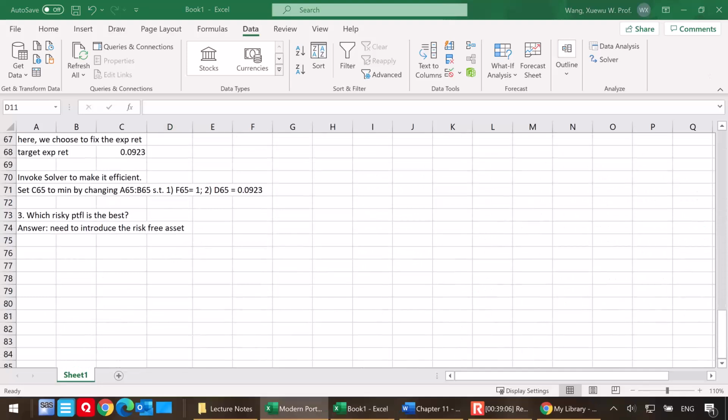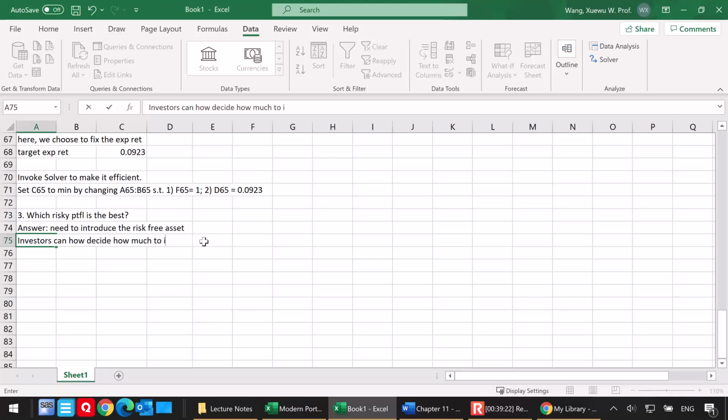Now let's look at the investor's portfolio selection problem. Investors can now decide how much to put in the risk-free asset, let me call it F, versus the risky portfolio, let me call it P. In this case, we're talking about complete portfolios.